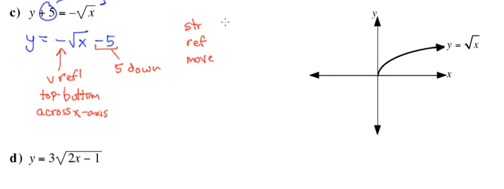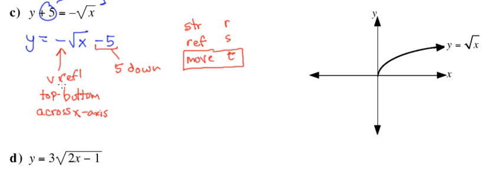Sometimes they tell you alphabetical order, RST, reflect and then stretch and then translate. Either one of these is actually okay. The important thing, which both of these do, is your movements or your translations have to happen at the end. You have to do your stretches and reflections first, and only then is it safe to apply your translations. So, in this case, the 5 down is going to wait.